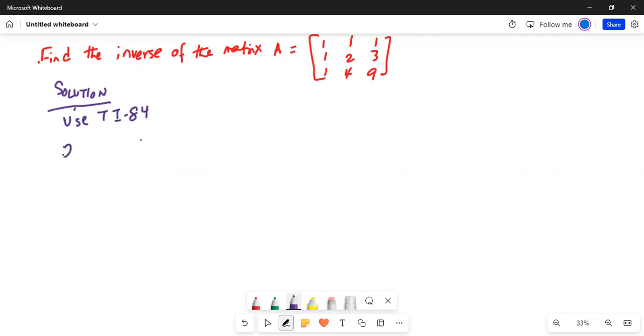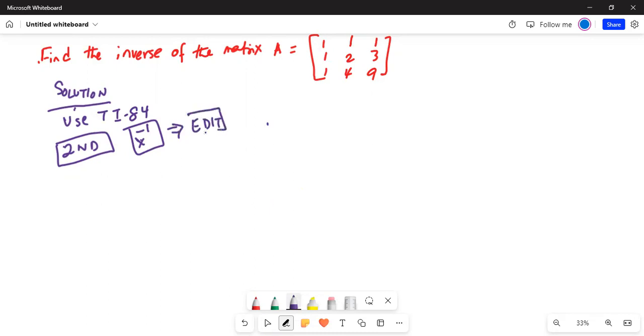First press the second button, then the X minus 1 button. This is in the first column. Then highlight Edit on the top row.